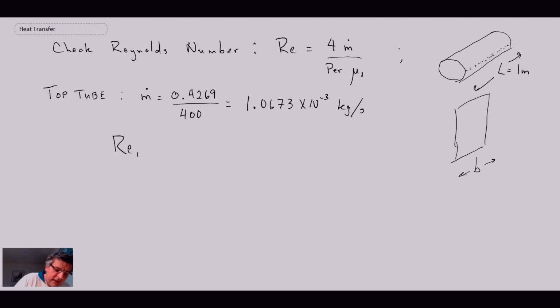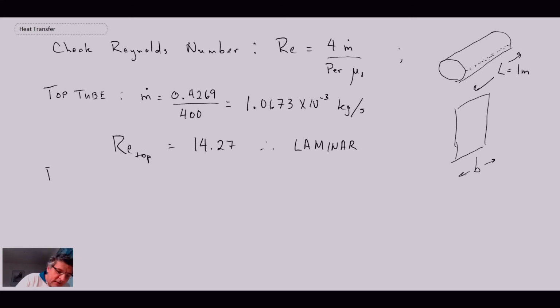Plugging the values into the Reynolds number, we get 14.27, which is less than 30, and therefore it is laminar. That's good, because Nusselt's relation was derived assuming laminar film flow coming over.